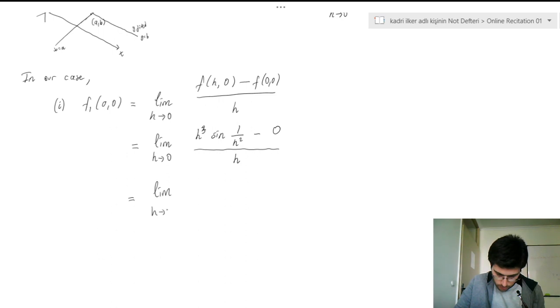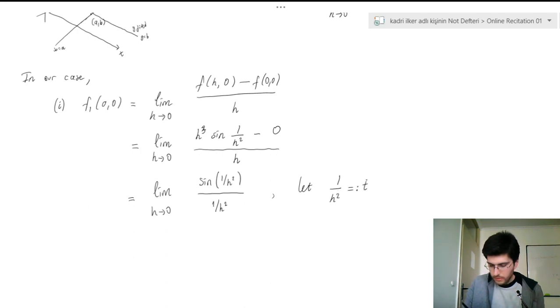Limit as h approaches 0, sine 1 over h squared divided by h. Just a small algebraic manipulation gives you something like this. But now, just a quick change of parameter. Let this thing be, I don't know, t, for instance.